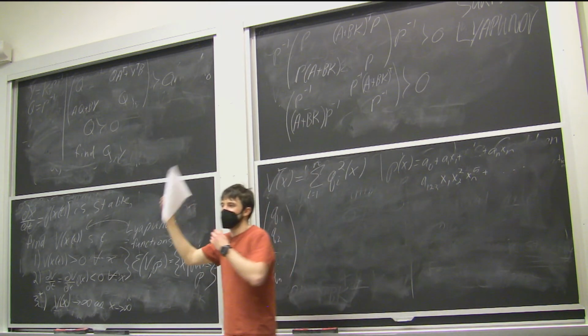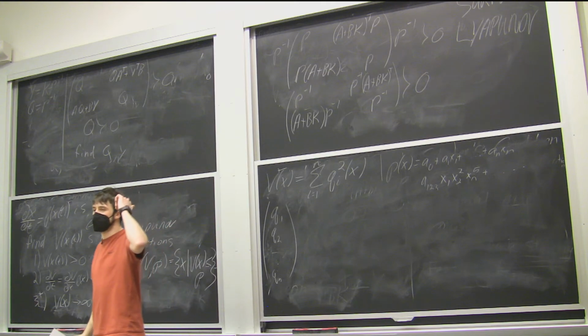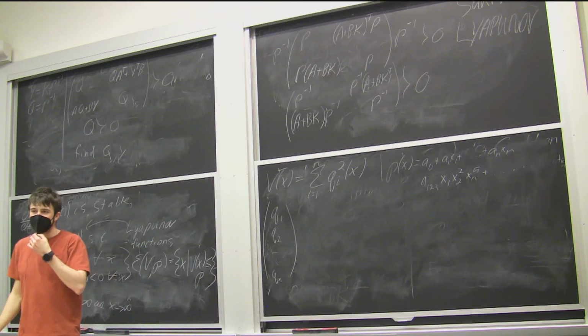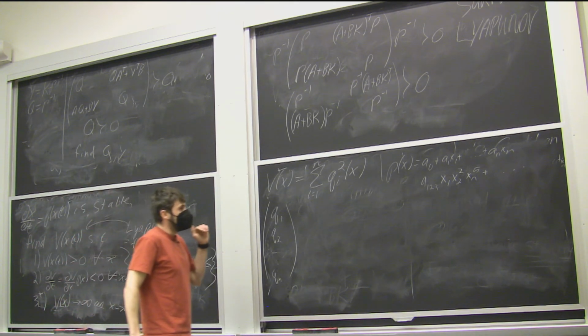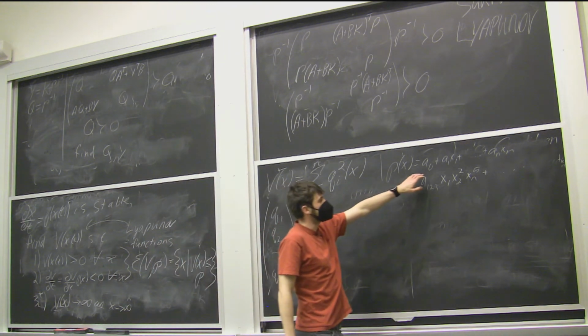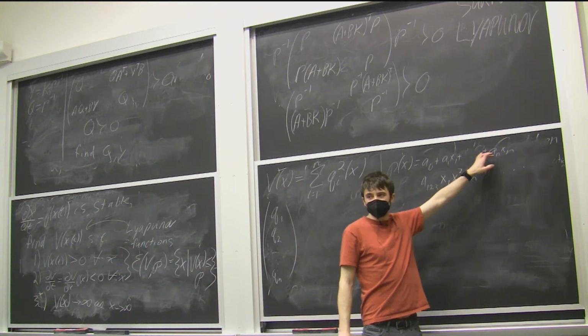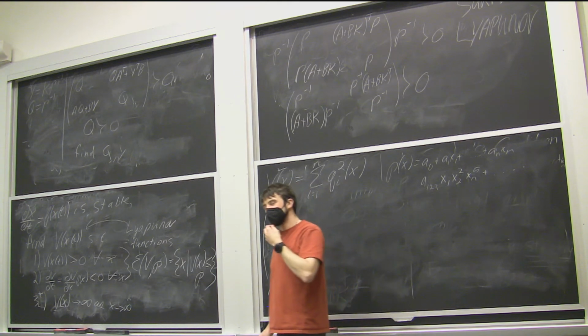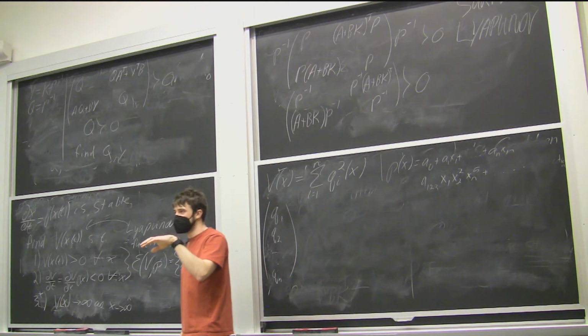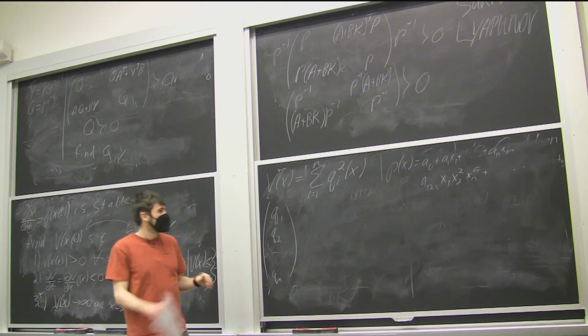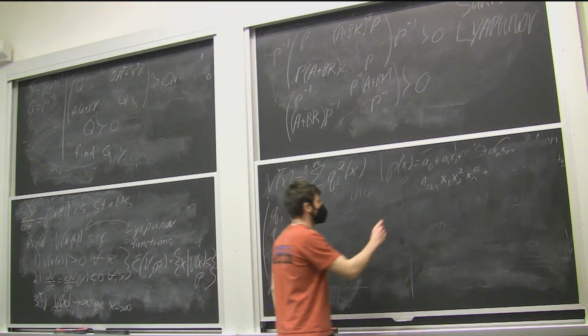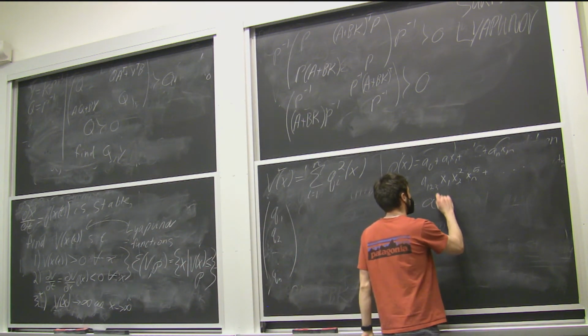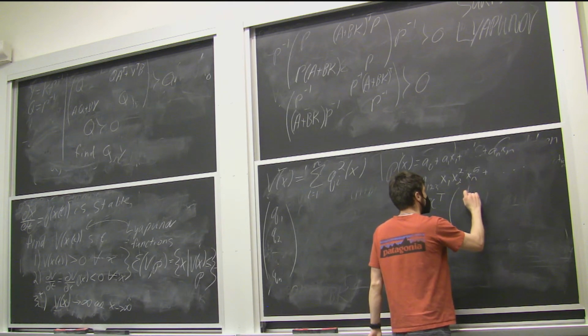I can have all kinds of products of x, which I'm going to call the indeterminates in this. But at the end of the day, a polynomial is defined by its coefficients. And notice that the coefficients are entering linearly into the problem. So any polynomial I can actually write as some a transpose times some basis.